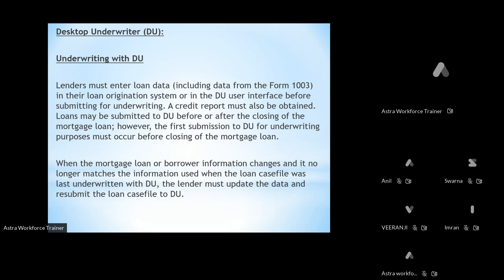Say, for example, if the AUS mentions that we need to verify the wage income with a written BOE, then if you have a written BOE, it's fine. If you have pay stubs and a verbal BOE and the written BOE is missing, we need to add a condition for that. That means the AUS is approved based on the written BOE only, so the loan must get approved on that basis.